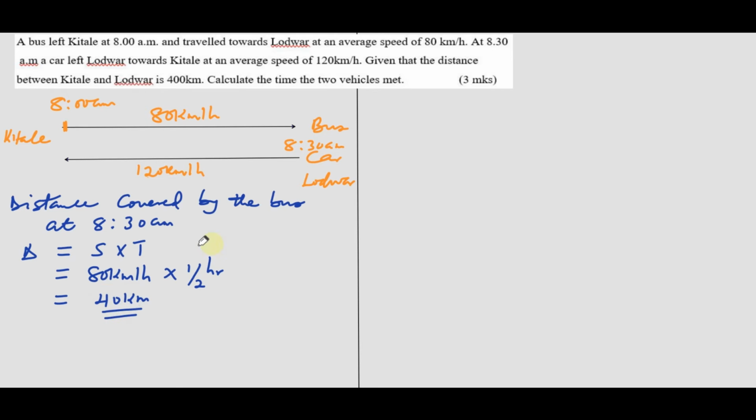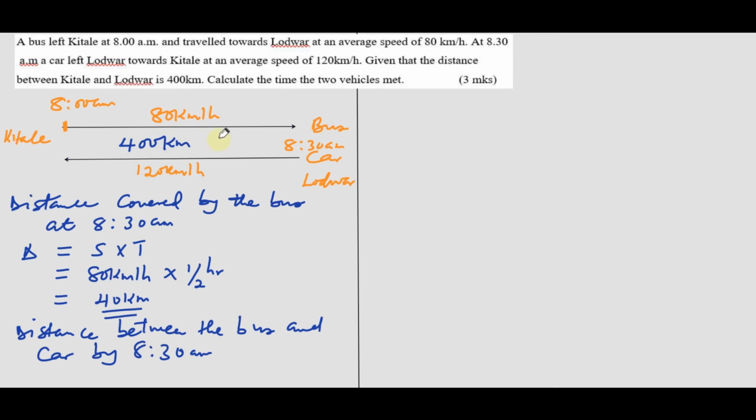And therefore, at 8:30, the distance between the bus and the car by 8:30 a.m. will be given by the whole distance, that is 400 kilometers, the distance between Kitale and Lodwar, subtract the distance covered by the bus in 30 minutes, that is 40 kilometers.